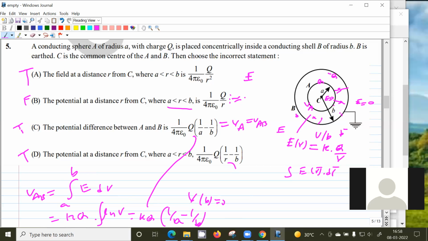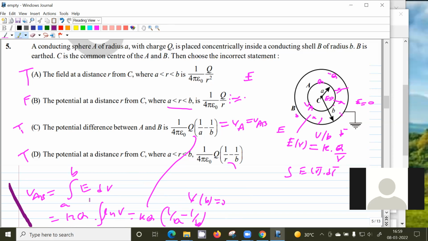Okay. And if you have to find the potential at this in-between point, the limits of the integral will change from R to B. So when I put from R to B, it will become ln R minus ln B. These are all standard derivations. Sir, the integral of 1 by A is only ln A, sir.